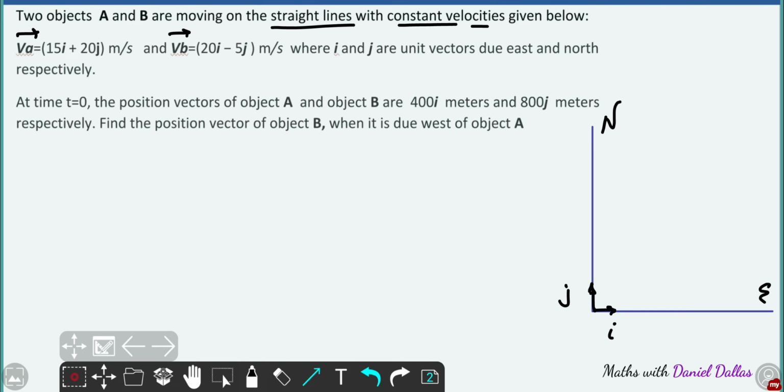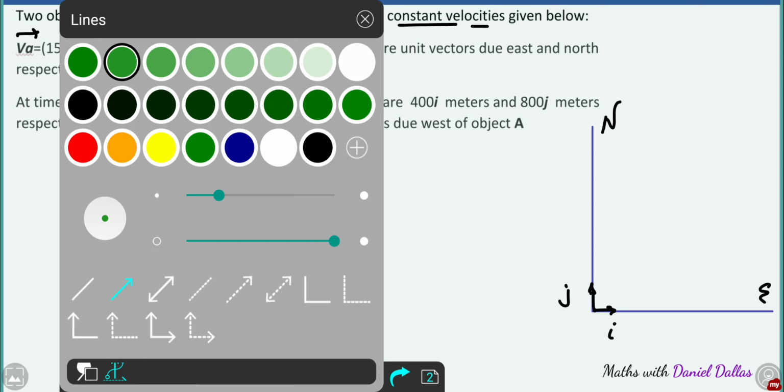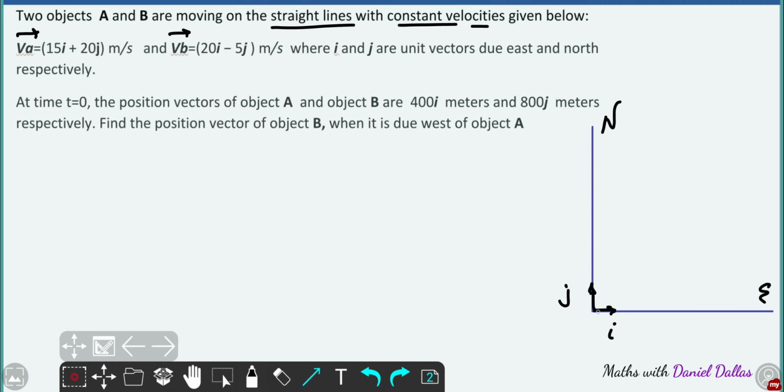For object A, it has 400i. If you draw this vector on the Cartesian plane, every single position vector starts from the origin and goes to the position of the object. If the object is here, it points to it. So that's why it's a position vector.